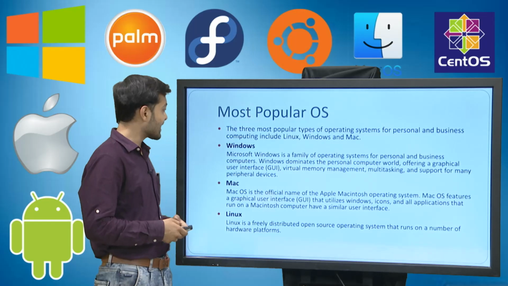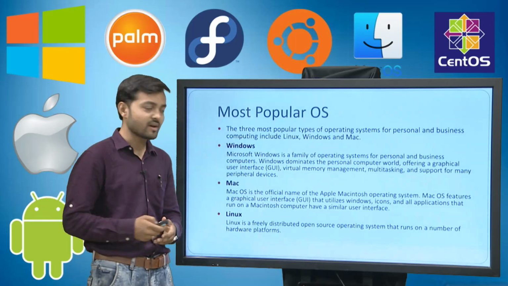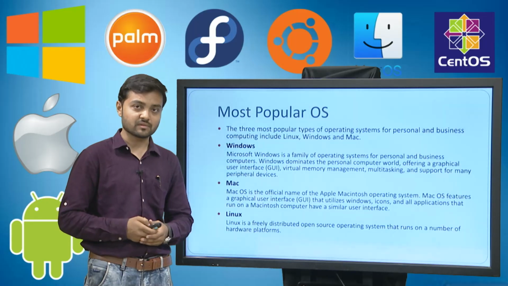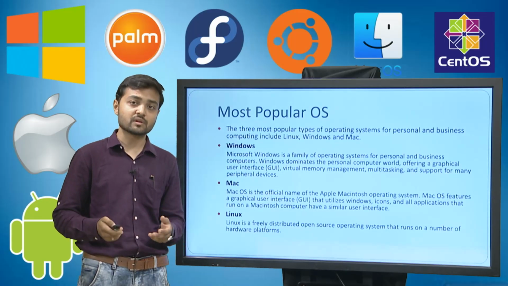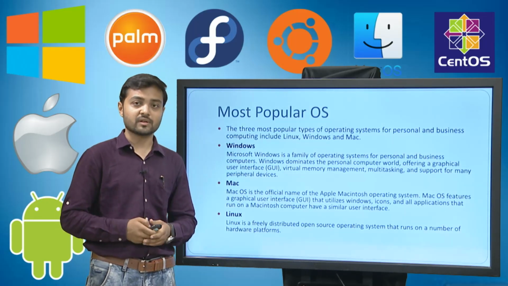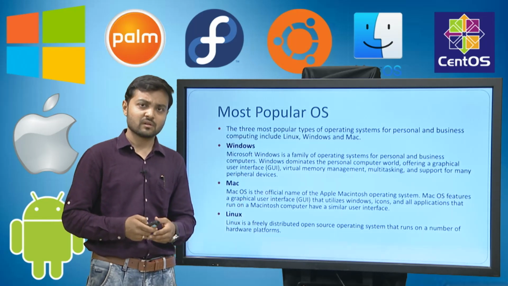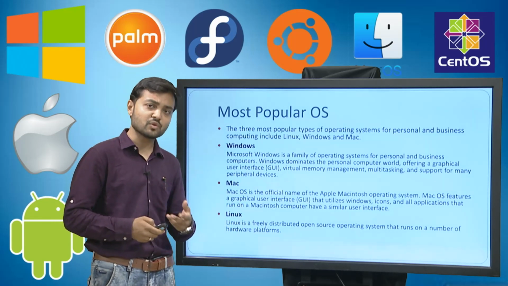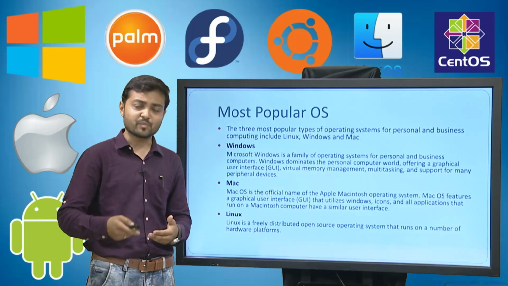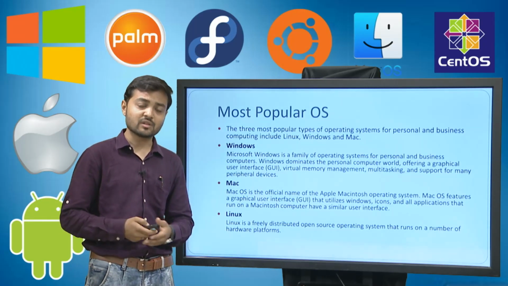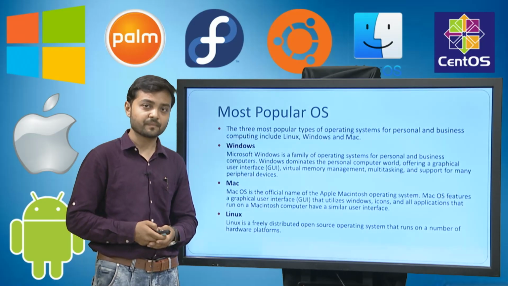It offers a graphical user interface, virtual memory management, multitasking, and it supports many peripheral devices. And most of the users use Windows operating system. Windows has different varieties. It has started from Windows NT, then Windows XP, Windows Vista, Windows 7, Windows 8, 8.1, and now in the market Windows 10 is available.